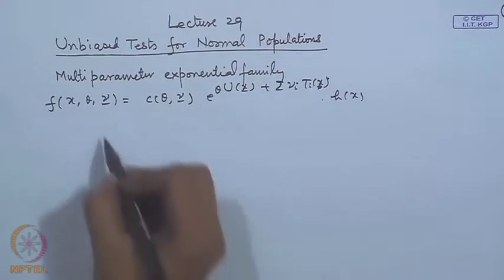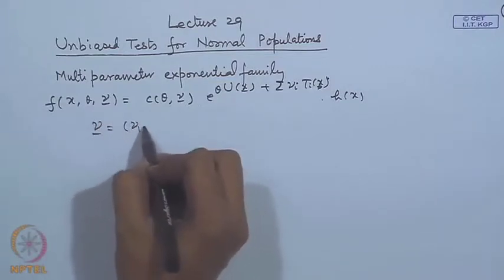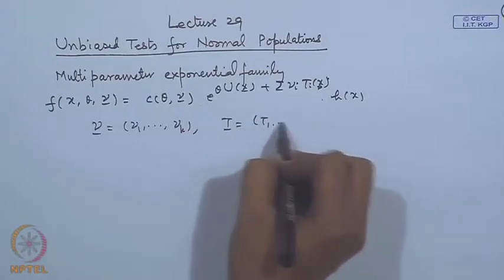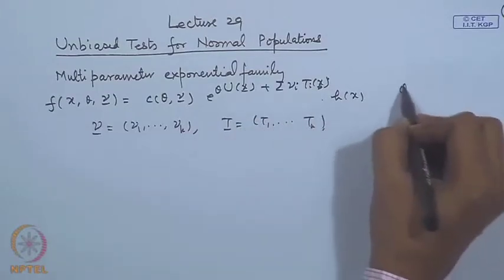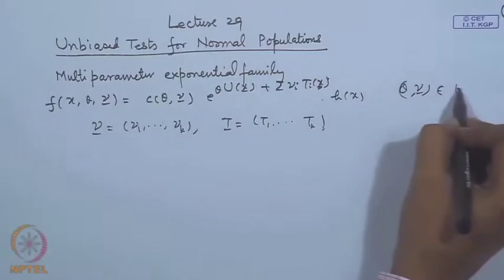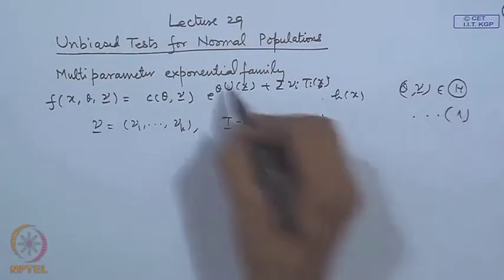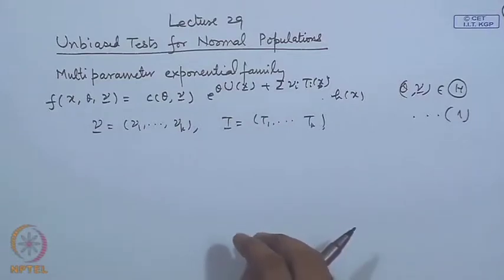Here nu is equal to (nu_1, nu_2, ..., nu_k), and t is equal to (t_1, t_2, ..., t_k), and this (theta, nu) belongs to a certain parameter space, say script theta. So, I call this density 1.